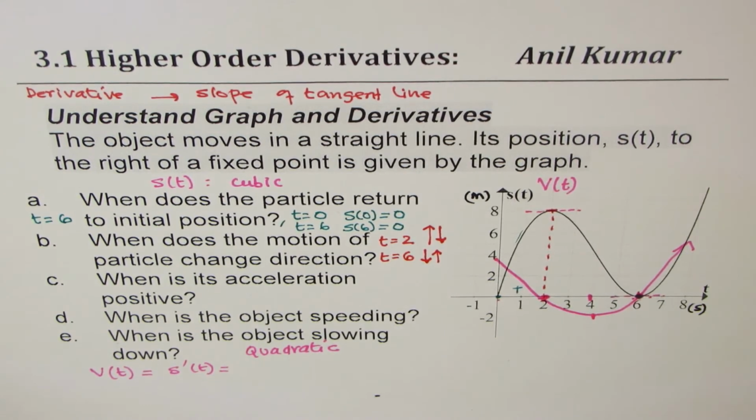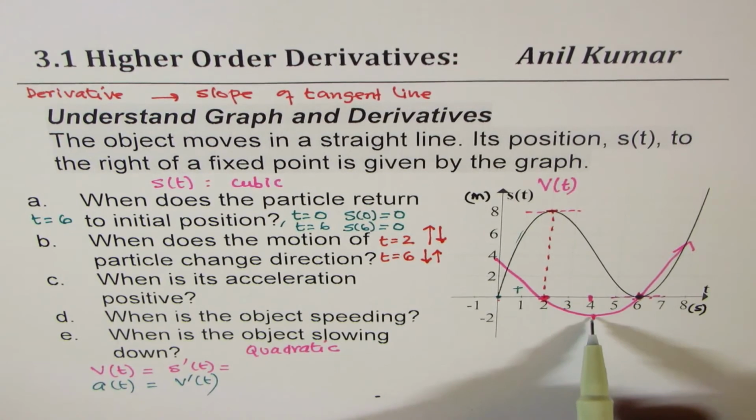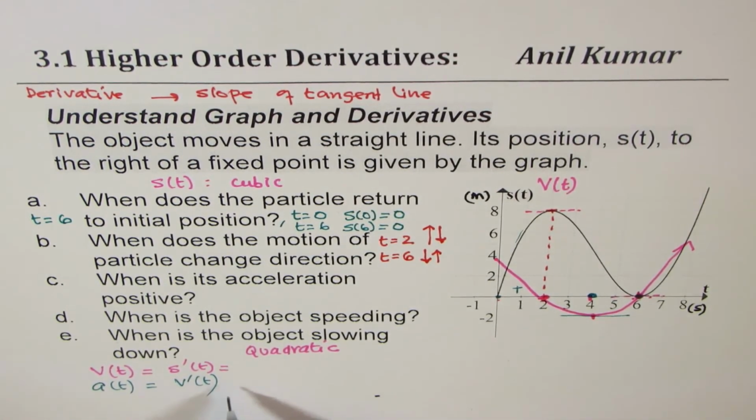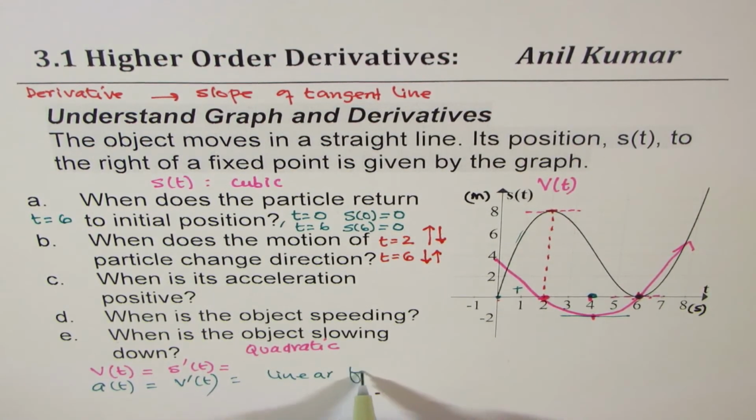Now let's talk about acceleration. How do we sketch acceleration from the velocity graph? Acceleration is the derivative of velocity. Since there is a turning point here, it leads to a 0. Second, acceleration should be a linear function. Is it okay?